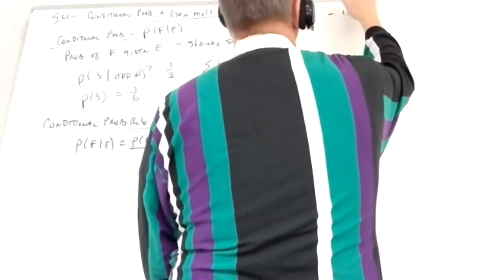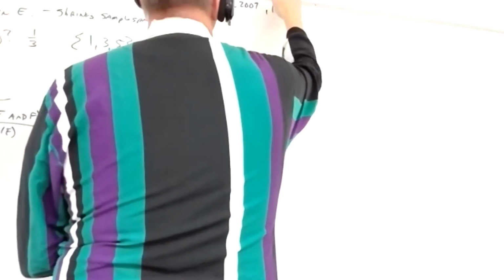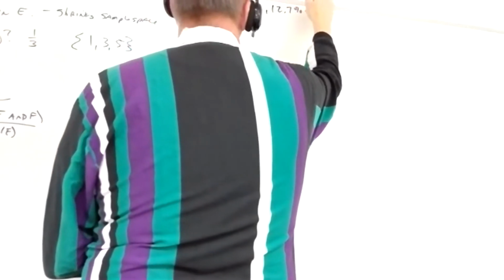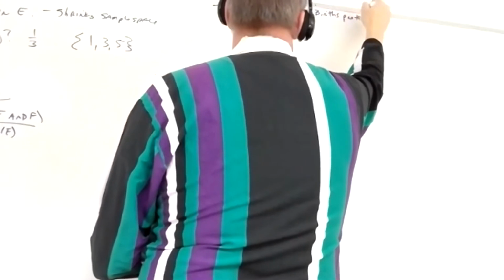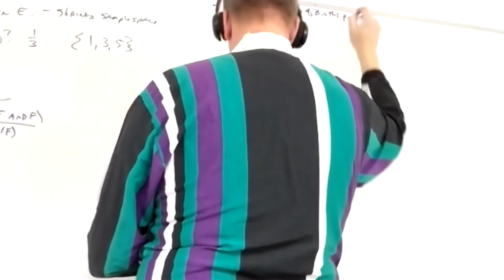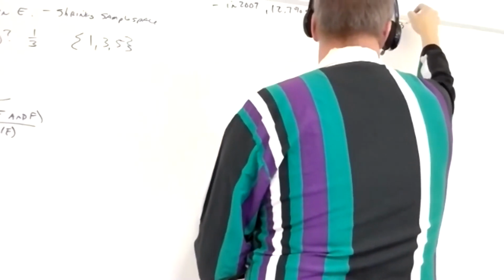All right, what if I told you that in 2007, 12.7% of births were preterm, meaning less than 37 weeks. Okay?